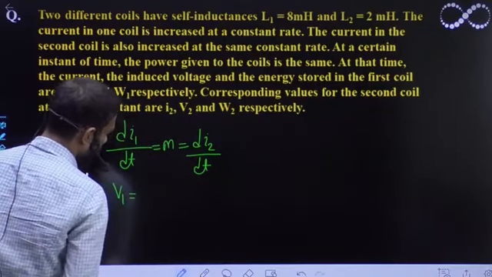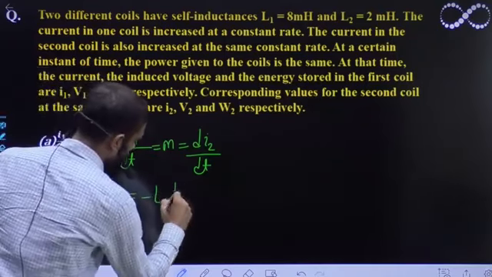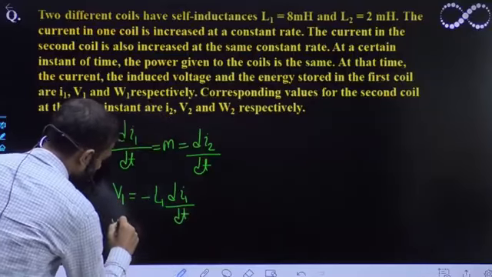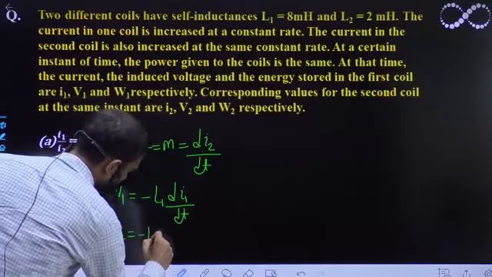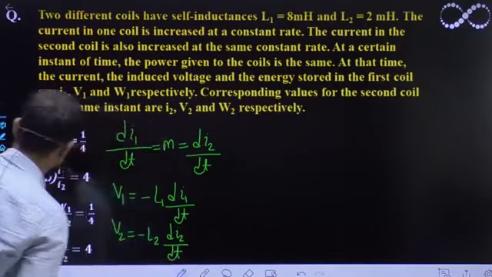V1 will be minus L1 dI1 upon dt, and similarly V2 will be minus L2 dI2 upon dt.